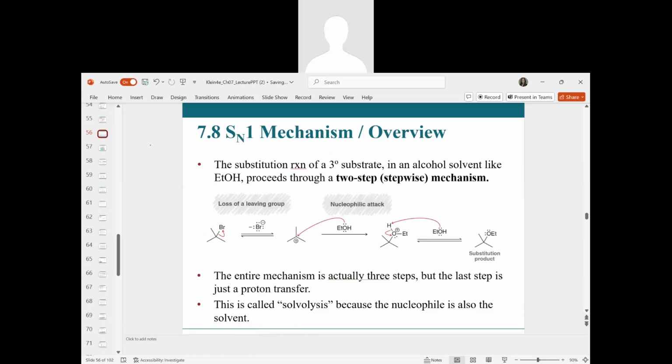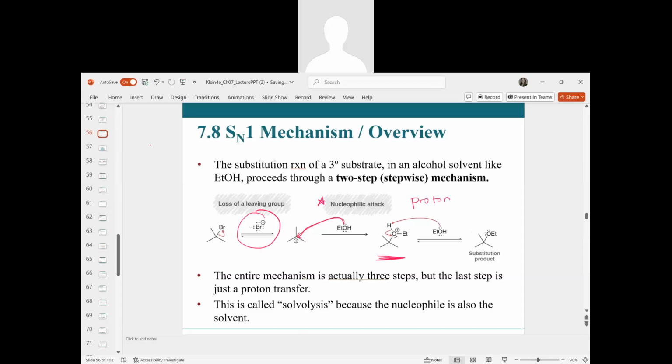Again, in step 1 we have loss of that leaving group, which is commonly written over the arrow, like so. So we have a negative bromide ion. And then we see in step 2 a nucleophilic attack, where a lone pair on the ethanol is attacking this electrophilic site here. And we see in this step that when we have a neutral nucleophile, like ethanol is, another proton transfer has to occur.